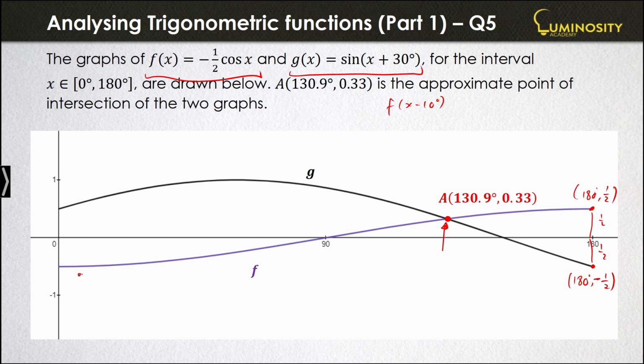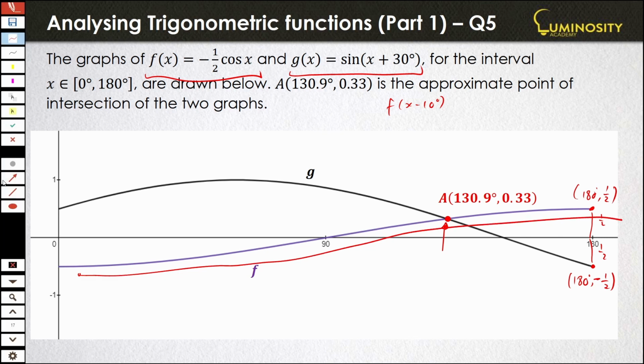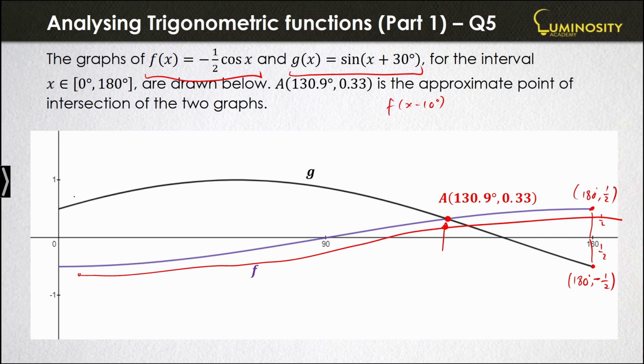It would look something like this, in red there. And if we did the same thing for the graph g and offset it by 10 degrees, it would start somewhere there and look something like this. These are rough drawings.